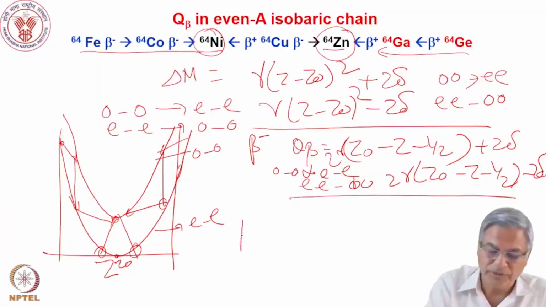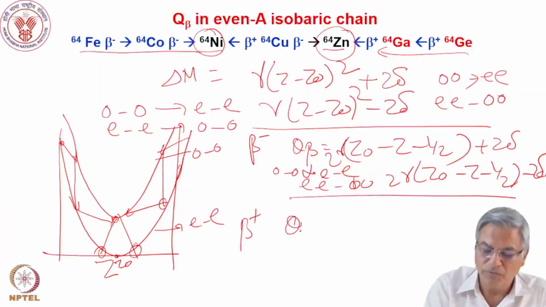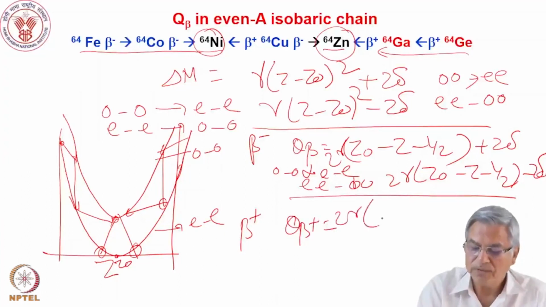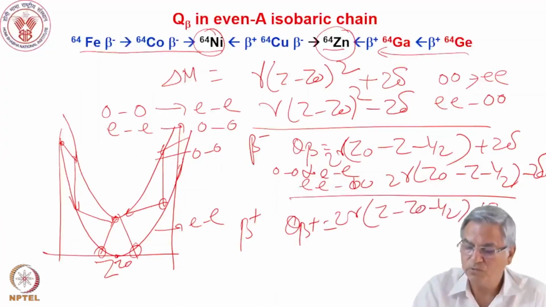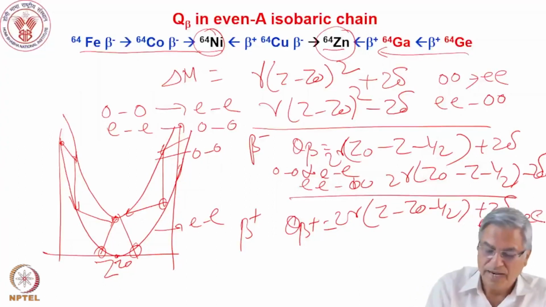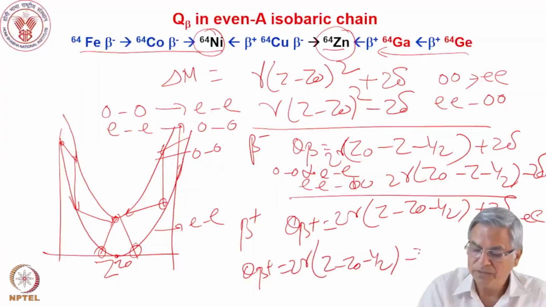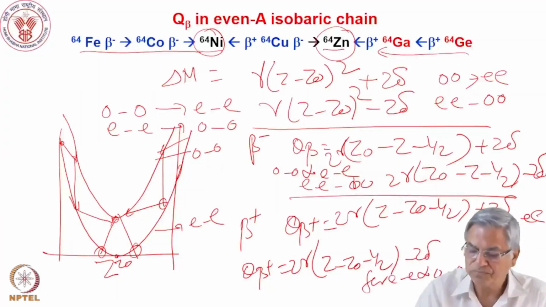Similarly, for beta plus decay, Q beta will be 2 gamma Z minus Z0 minus half plus 2 delta for odd to even, and Q beta plus equal to 2 gamma Z minus Z0 minus half minus 2 delta for even to odd.